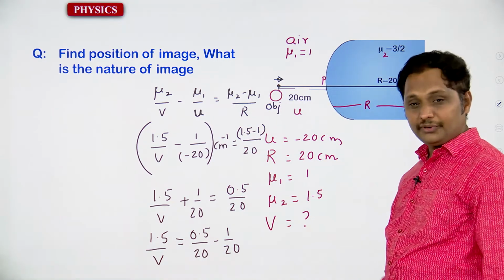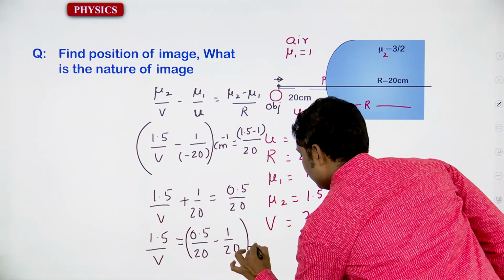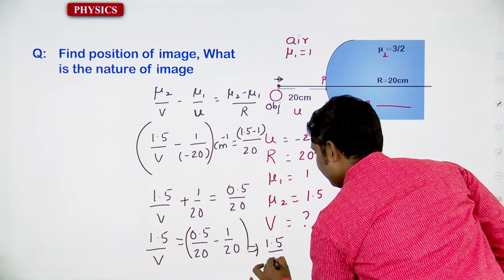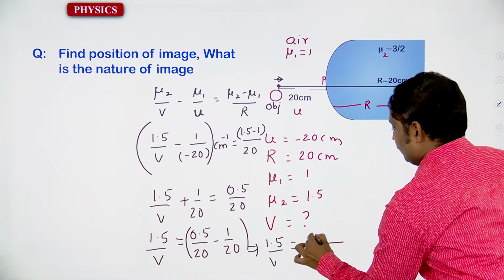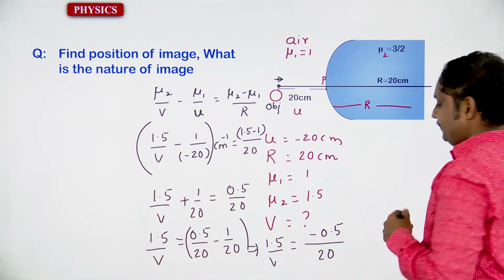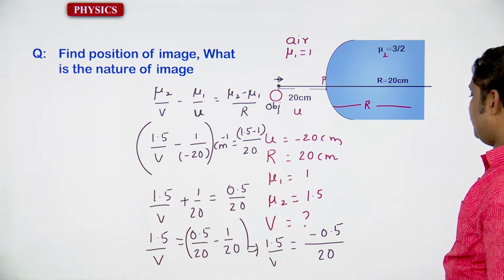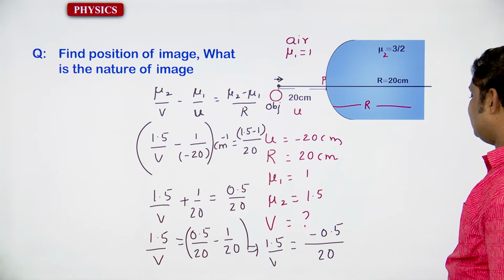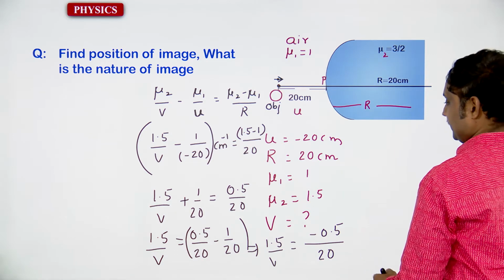After that, that implies 1.5 by V is equal to, just you have to minus 0.5 by 20. Consider this one.